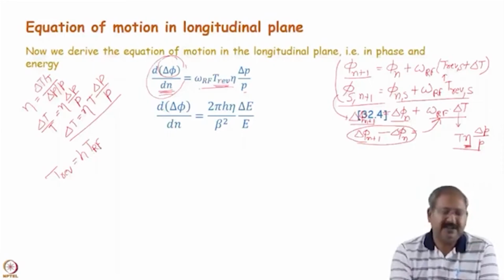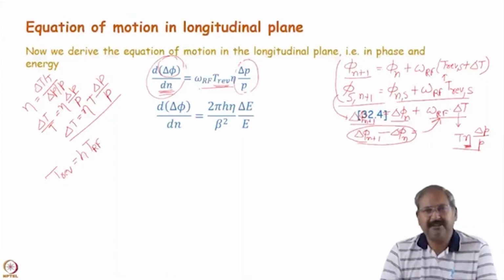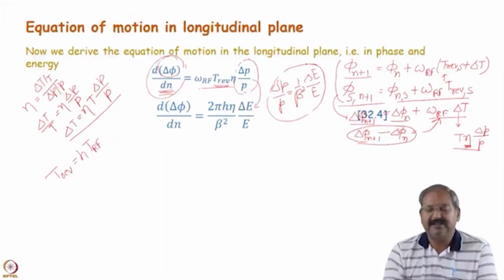So t revolution is h T RF, and we want to change this delta p by p in terms of delta E by E, because when the particle traverses through the cavity, it is easier to calculate the delta E by E. So instead of delta p by p, we are writing delta E by E. So delta p by p is equal to 1 by beta square delta E by E. Again, this is left as an exercise to prove this delta p by p should be equal to 1 by beta square delta E by E. This is an exercise for all of you.